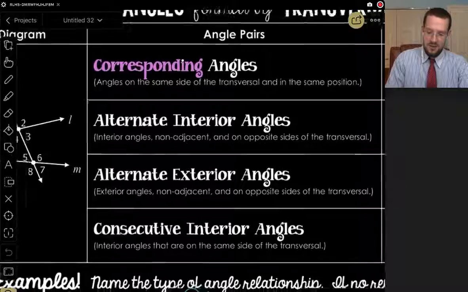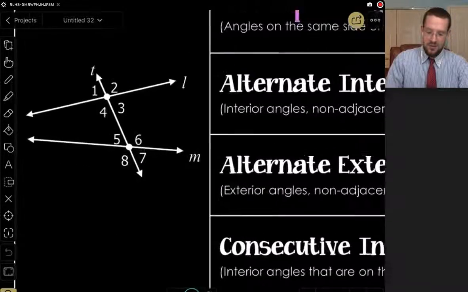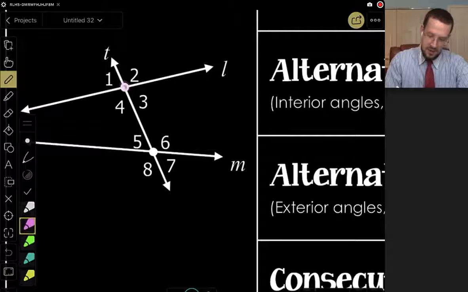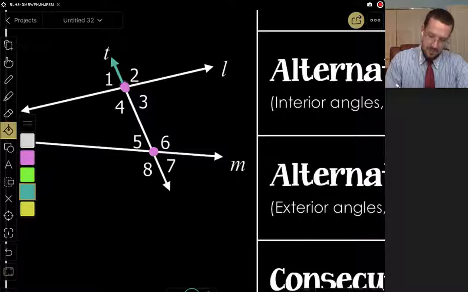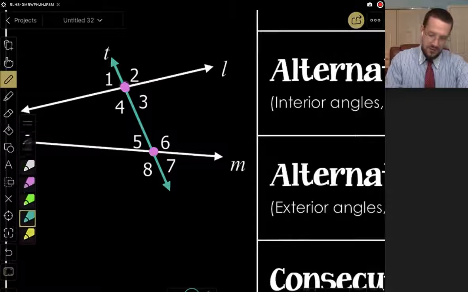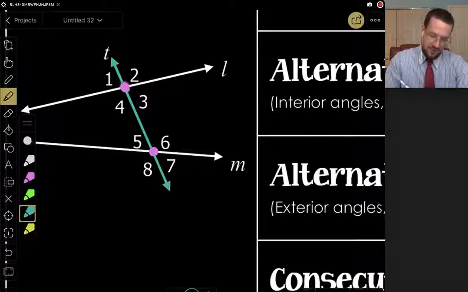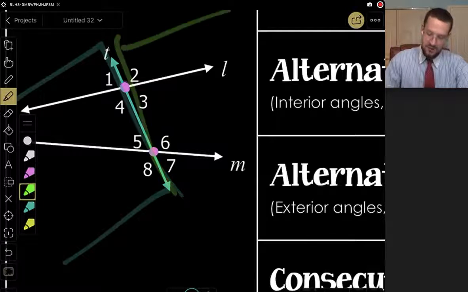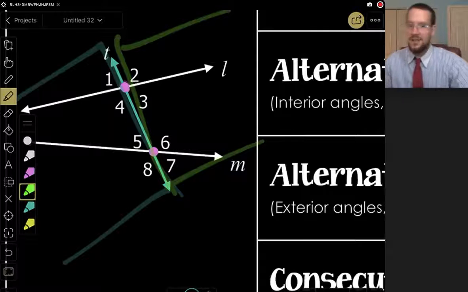So here's my transversal, here are the intersection points, and the transversal is this line here. We want same side, so this would be a side, and this would be a side. We want same side and same position.